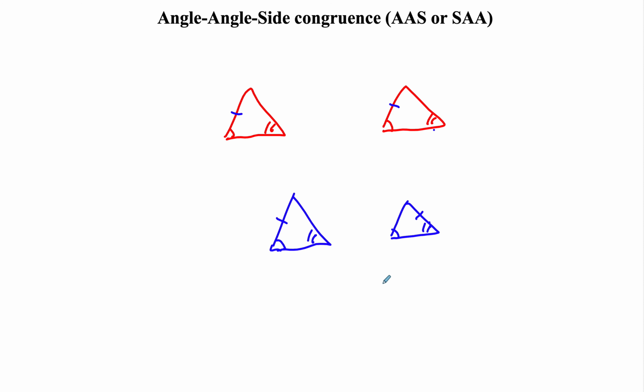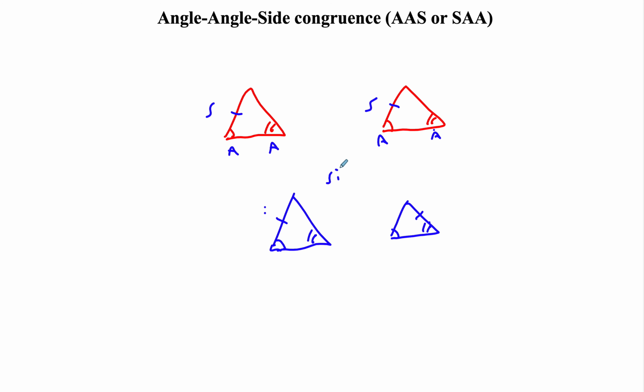So does the order matter? In other words, we have this angle here, then we have another angle, then we have the side immediately after that first. Does that make a difference? Yes. Or if we have a side, then we have the angle immediately next to it, and then the next. That's where we say angle, angle, side. So does this look the same? It almost looks right. We have two angles and then the side not between. The problem is they have to be opposite.